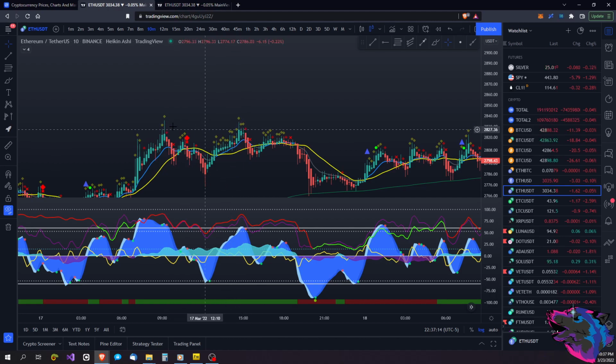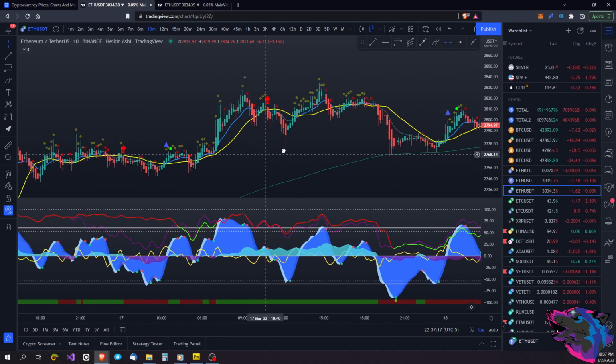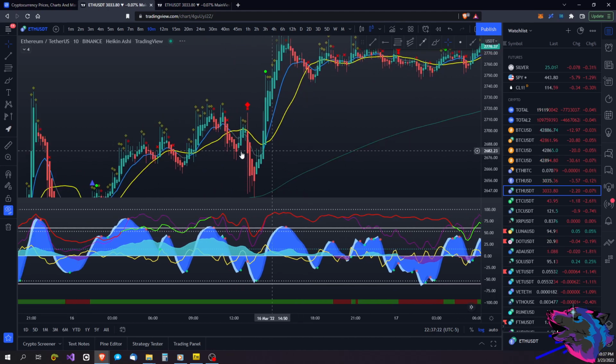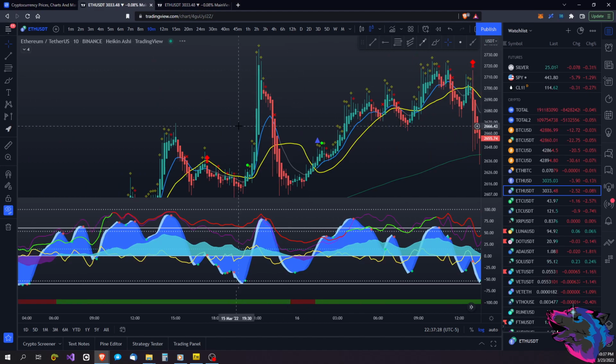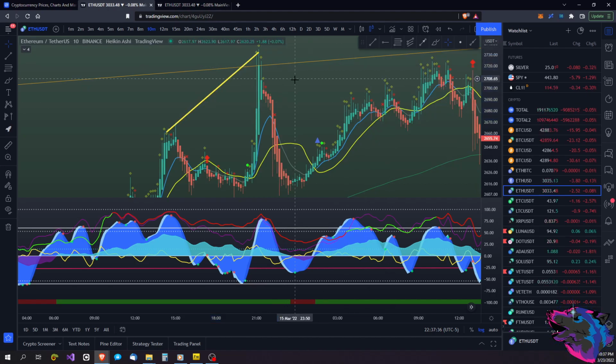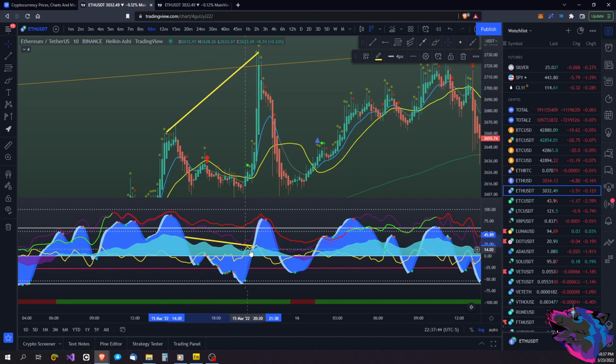No, not quite. Nope, still higher. Here we go. So you've got these two guys right there. These two peaks come over here to the money flow, and you got definitely a lower peak right there. So that is some bearish divergence on the money flow itself.